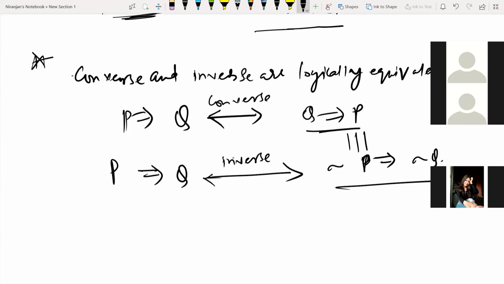Now, I want you to think about this for a minute. Why do you think, intuitively, that this is correct? Why do you think converse and inverse are logically equivalent from your intuition, not the truth table? Forget about that.